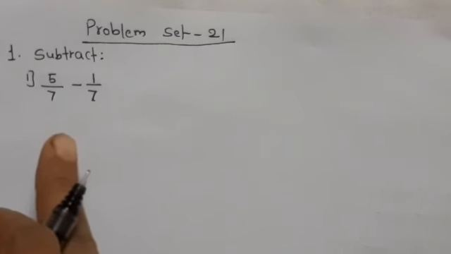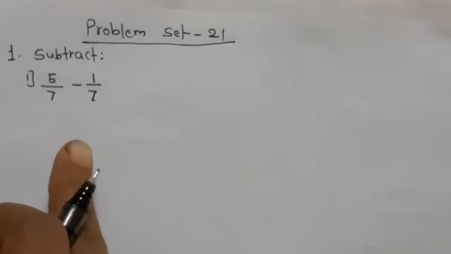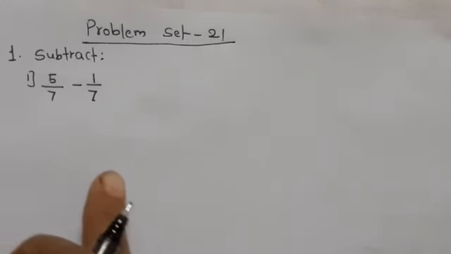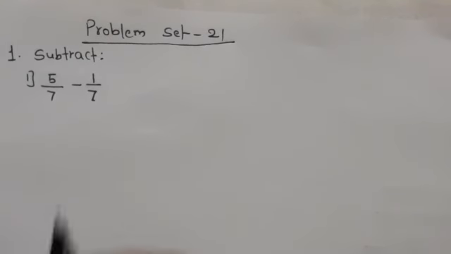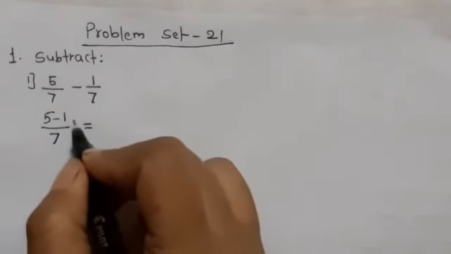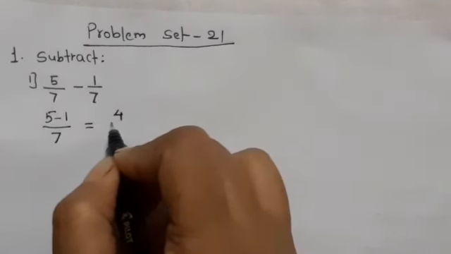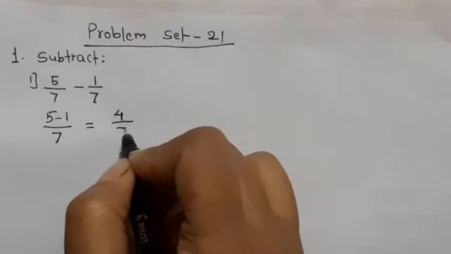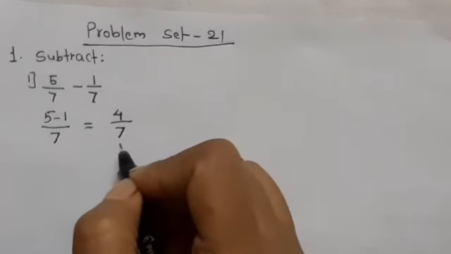We write the difference between the numerators in the numerator and the common denominator in the denominator. So let us subtract 5 minus 1 and write the denominator 7 as it is. 5 minus 1 is equal to 4 and write the denominator 7 as it is.